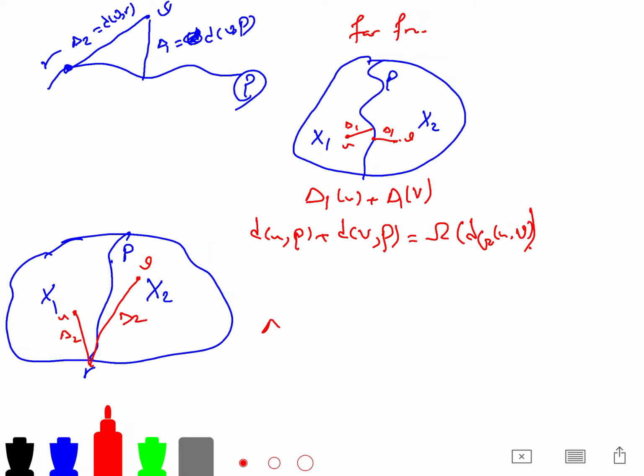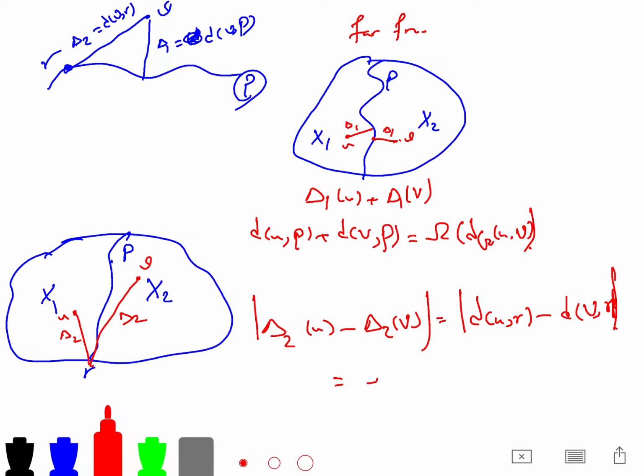Here you can say that delta 2 of u minus delta 2 of v is on the order of d of u and R and d of v and R, so it is a constant order of d_G of u and v. So we use a different delta 1 coordinate for each component, and we use the same delta 2 coordinate for all components.